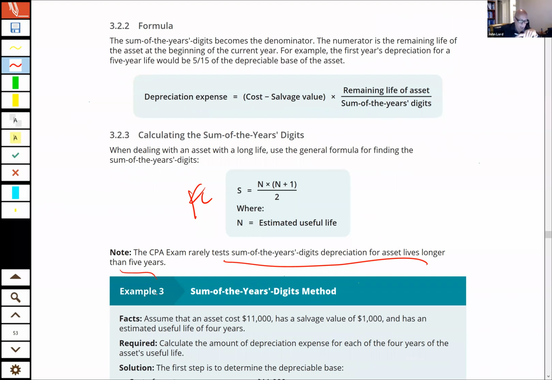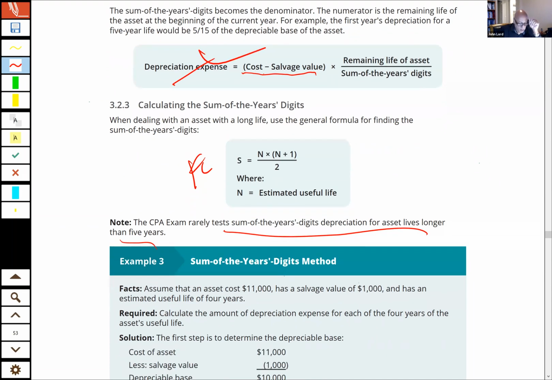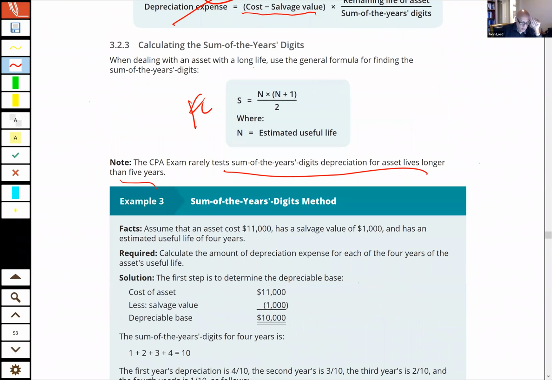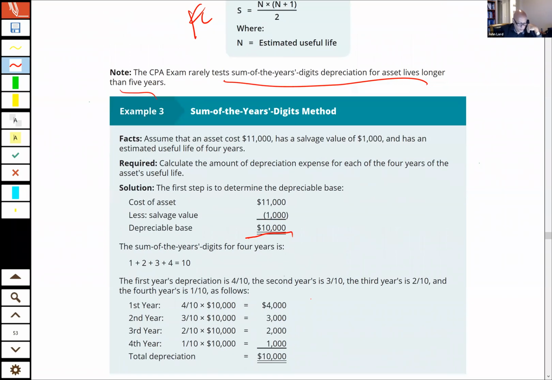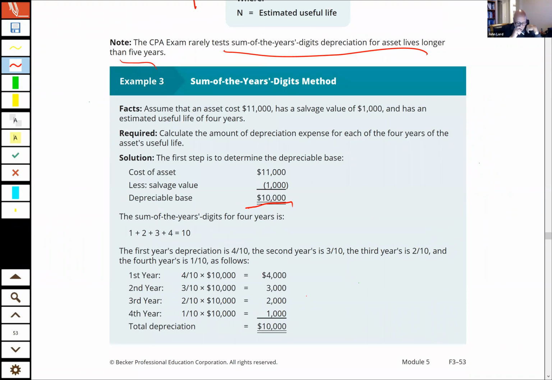Okay. Now, the numerator here is going to be the same as it was for straight line, which is the cost minus the salvage value. And if it was a 4-year life, 1, 2, 3, 4, 1 + 2 + 3 + 4 = 10. Or you could use the formula.